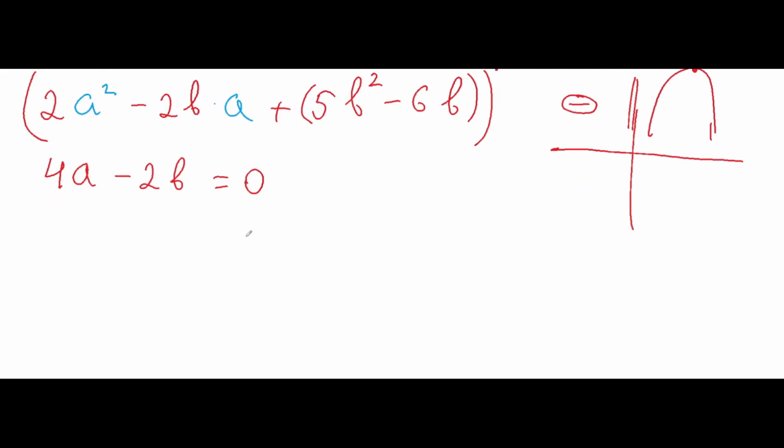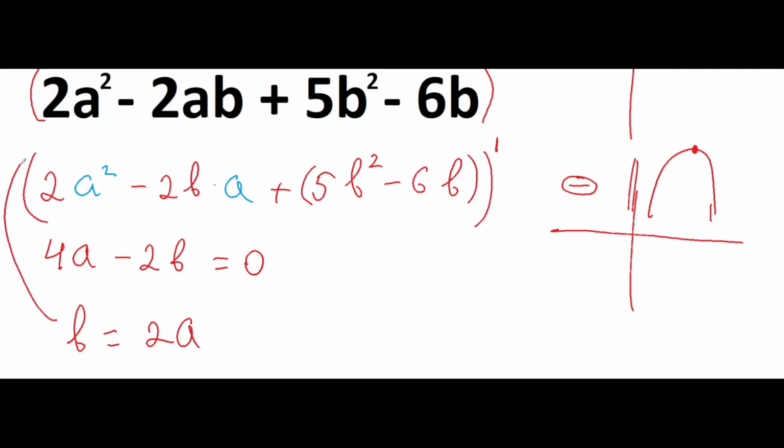So from here, we can find out b. b will be equal to 2a. If we put it here instead of b, we can find out the value of these expressions.